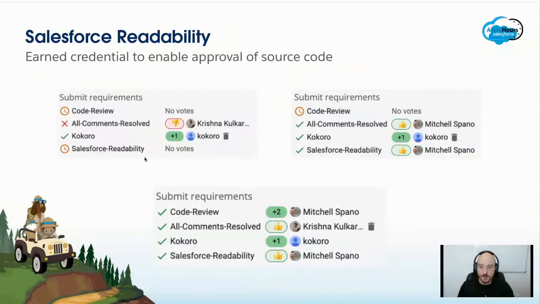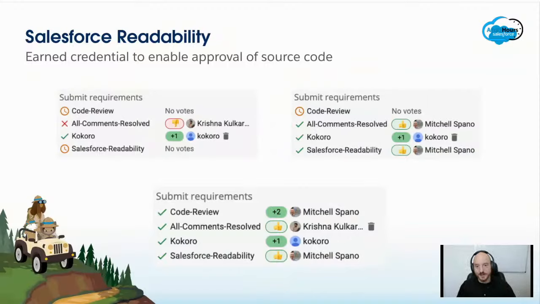So the Salesforce readability is not satisfied quite yet. If I were to raise a change, I have earned the Salesforce readability credential, so it automatically checks for me that it has been done correctly. And then when I perform code review on Krishna's change, the Salesforce readability requirement is satisfied.